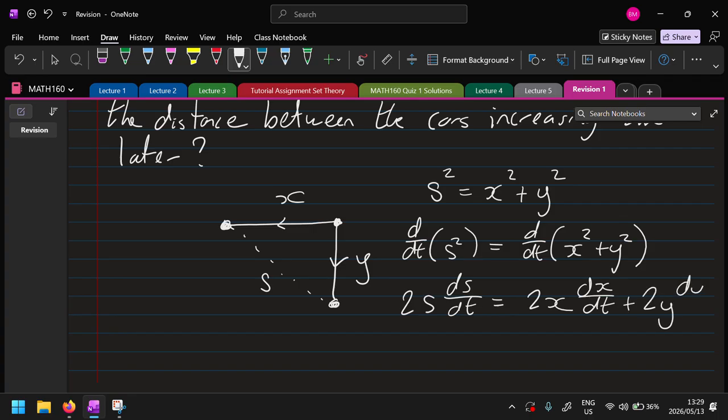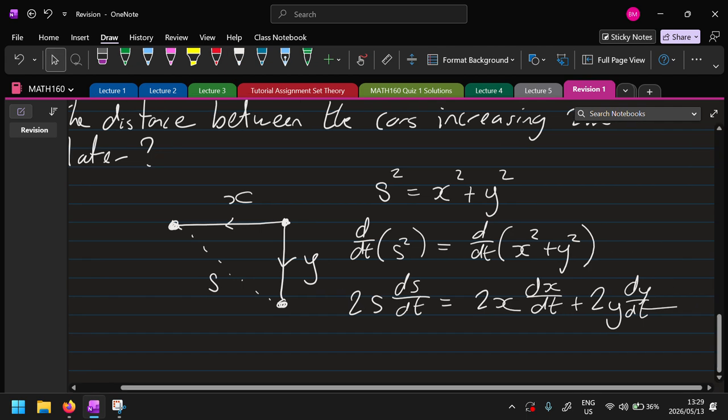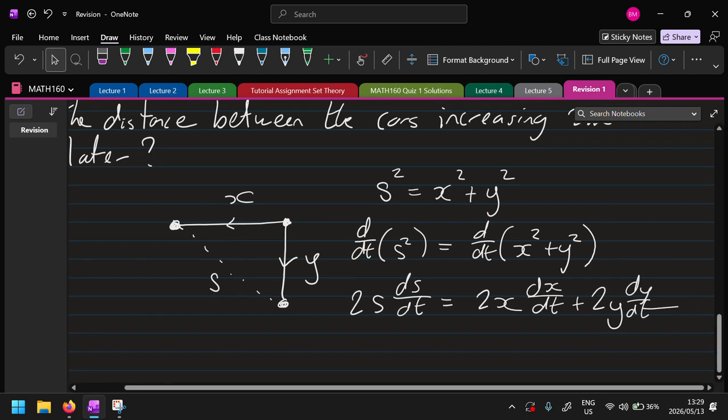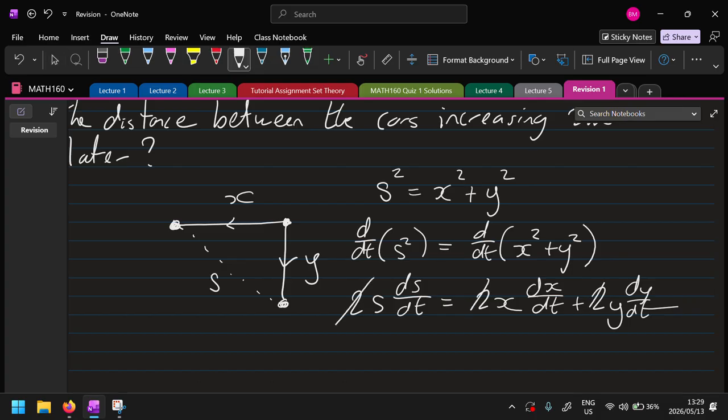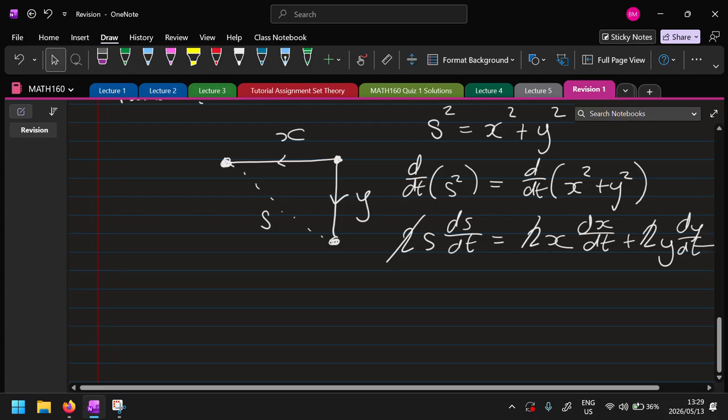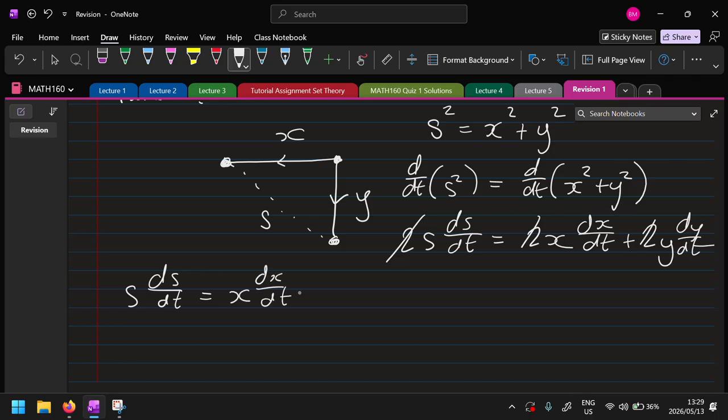And 2y dy by dt. Again, it's a function of time. Quick simplifying, we've got 2's throughout there, so let's get rid of those. Okay, so we've got s ds by dt is equal to x dx by dt plus y dy by dt.